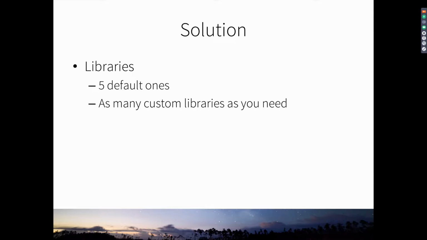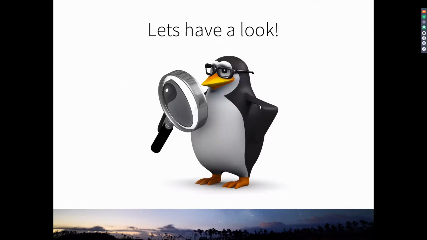And when you install PDF Toolbox 9, you'll find 5 default libraries, and then you can create as many custom libraries as you want or need, and you can use them for basically whatever you want or need. So it's a pretty flexible thing.